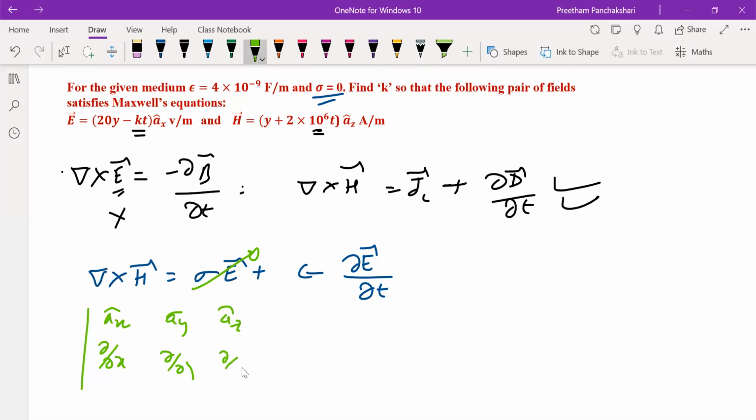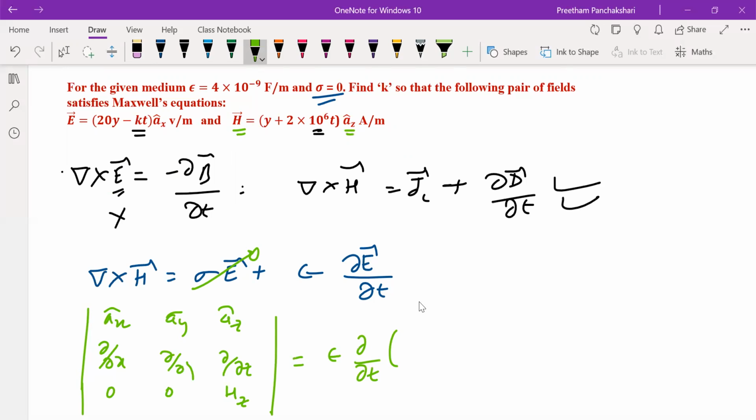Dou by dou y, dou by dou z. Next is hx, hy, hz. Which component of h is present? See z. Since z is present, 0, 0, hz component is equal to epsilon dou by dou t of electric field E, which is already given.